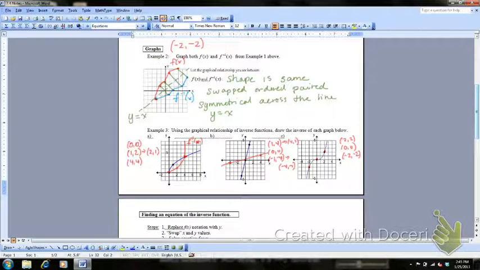So here, this one is a little tougher. It's a little trickier because all of the ordered pairs, (2, 2), (0, 0), (-2, -2), if I were to swap the x and y position, I would end up with the same ordered pair. So this one is really one where you have to do a little visual inversing. You have to kind of picture it curving the opposite way. So the blue line curves down and in toward the x-axis at the origin.